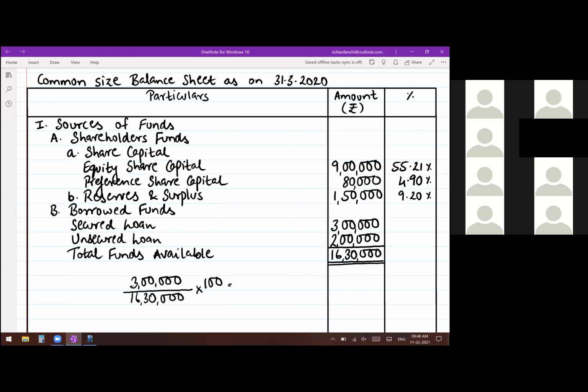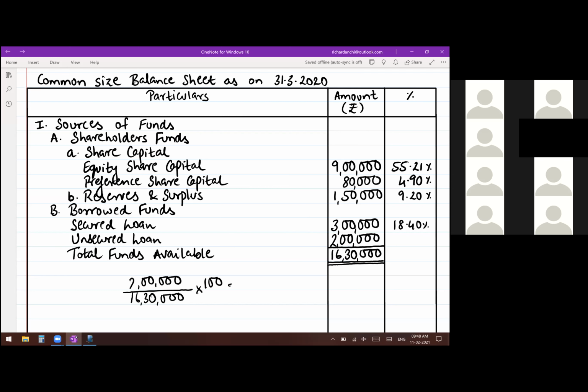I think it is 18.40%. How did I get 18.4? If reserves and surplus 1,50,000 was 9.2, exactly double is secured loan 3 lakhs. So even the percentage will double. That is 18.40.